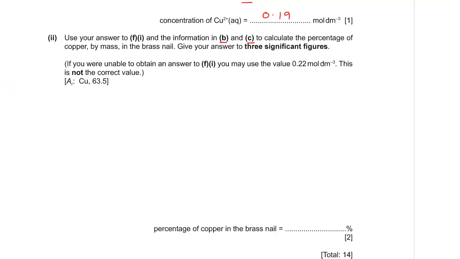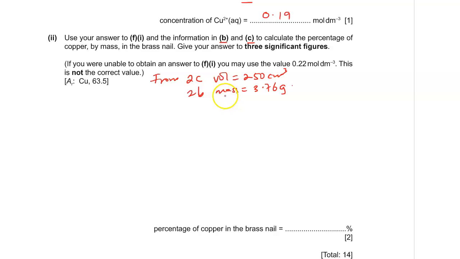So we have, from 2C, the volume used was 250 centimeters cubed. And from 2B, the mass was 3.76 grams. So if you can refer to that.